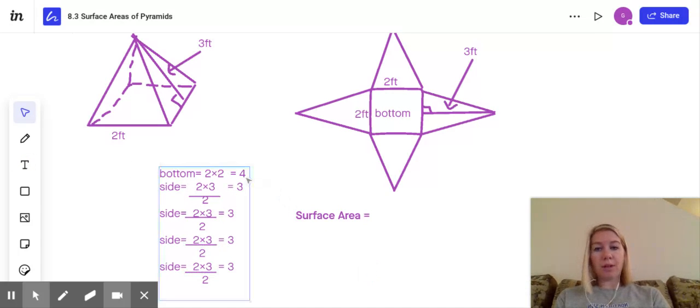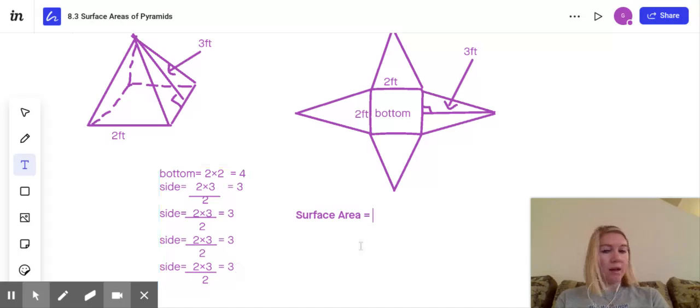Okay, so now that we found the area for each individual shape on our square pyramid, now we need to add up all of these areas to give us the surface area, which is the area of all sides put together. Okay, so 4 plus 3 plus 3 plus 3 plus 3, I know is 16. So 16, and then what are we measuring in?